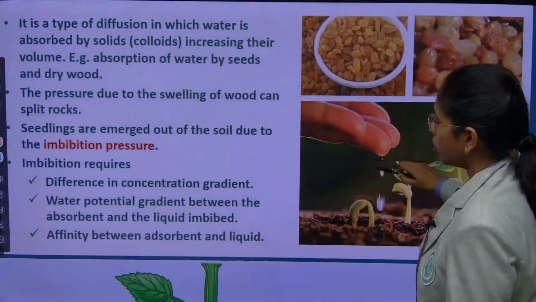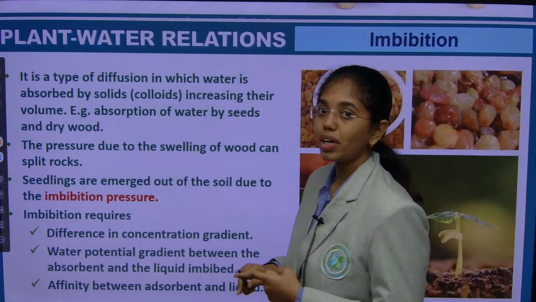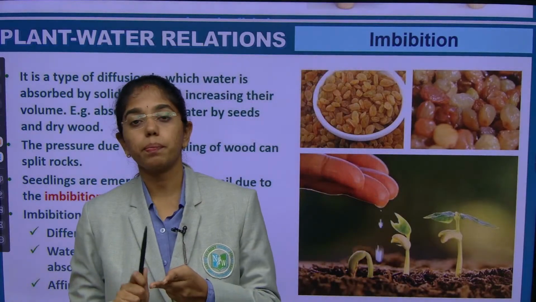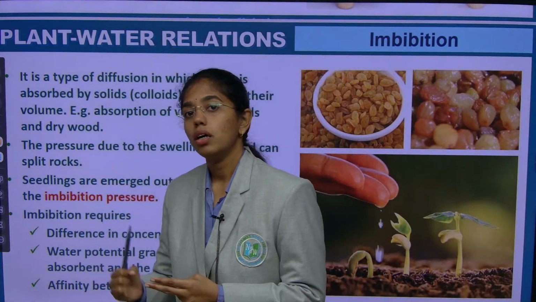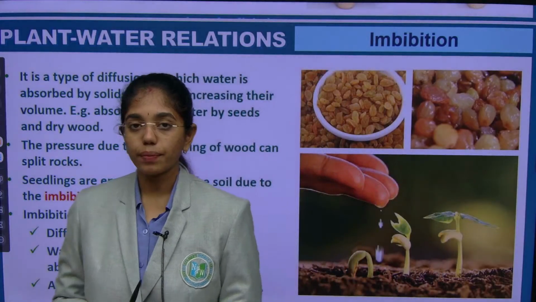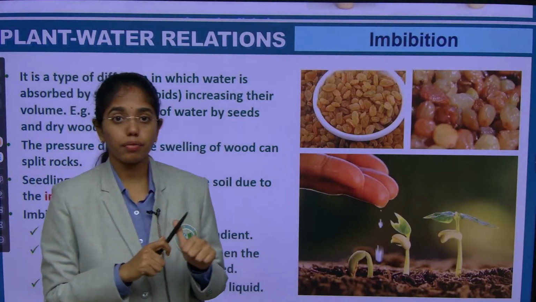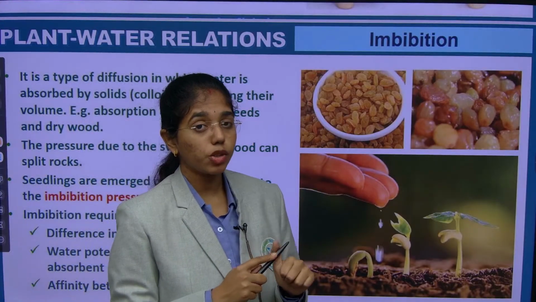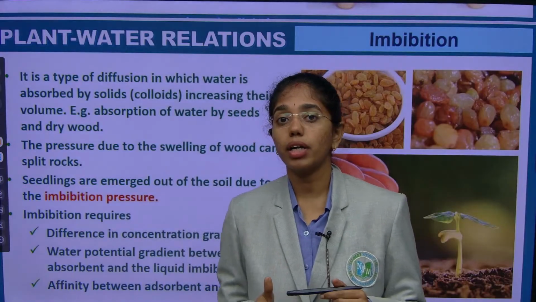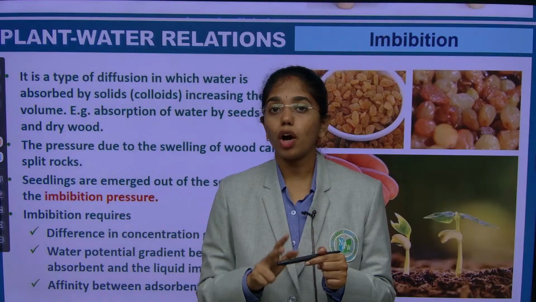Now, tomorrow we will look into long distance transport and we will practice EAPCET PYQs on transport in plants as a whole. So, what are the concepts that we have covered today? First, active and passive transport, where in passive transport we dealt with diffusion, facilitated diffusion and osmosis.